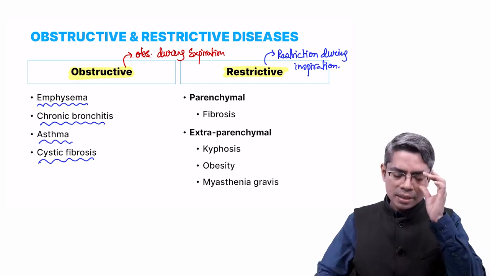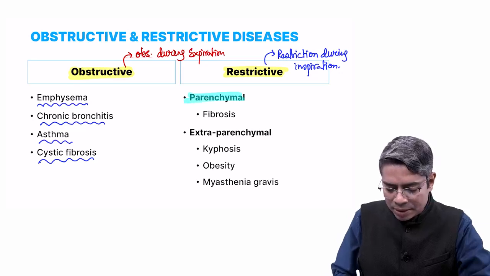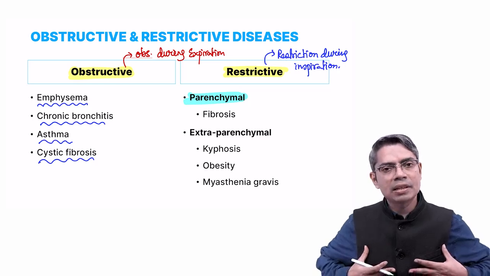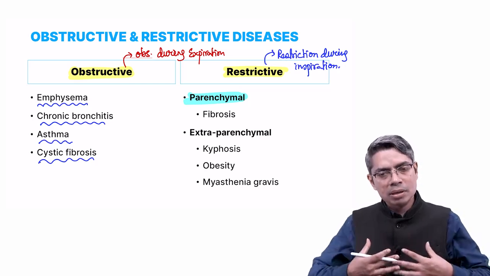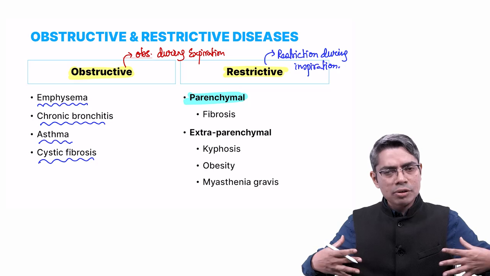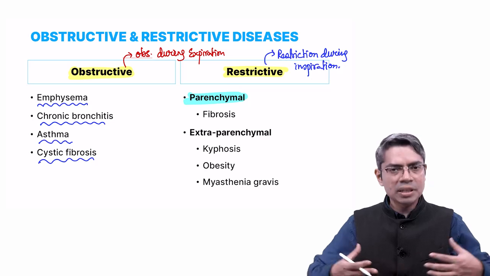This restriction can appear due to a problem at the level of the lung parenchyma, or it can also happen if there is a problem in the thoracic wall or the bony cage. Suppose there is a problem in the bony cage, then you will not be able to expand your thoracic cavity. So, that is also a restriction of inspiration.